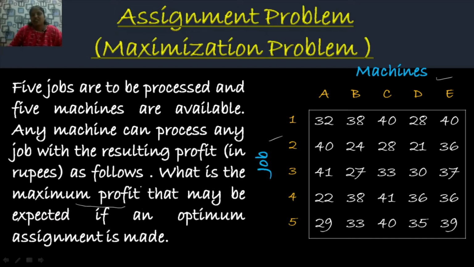So instead of minimization, here the objective is maximization. So first we have to convert this matrix. If the objective function is maximization, then this matrix is nothing but our profit matrix. So we have to convert this profit matrix to a loss matrix.